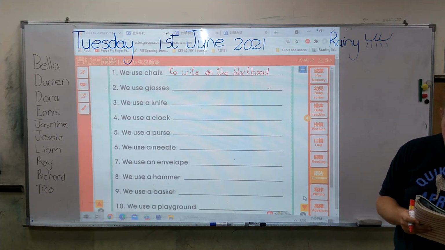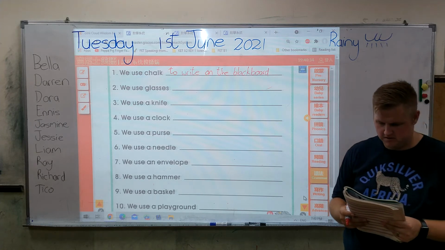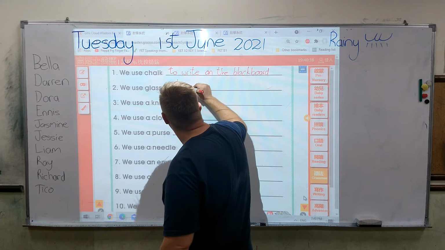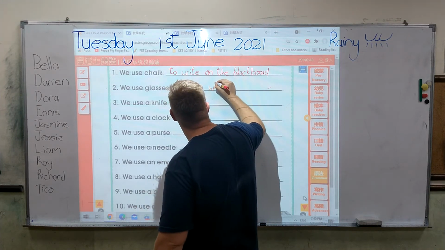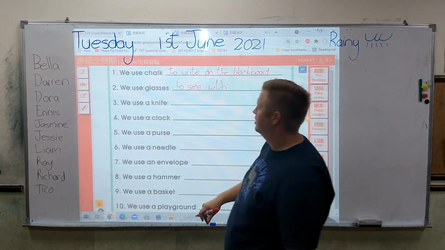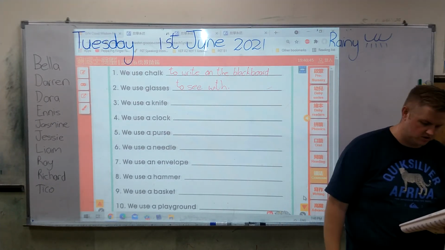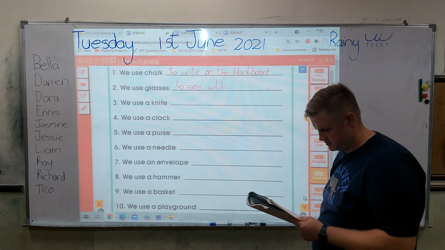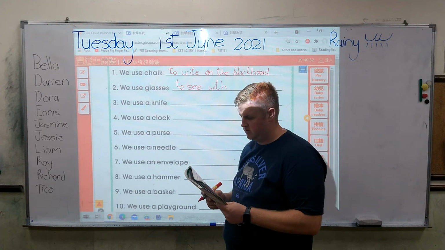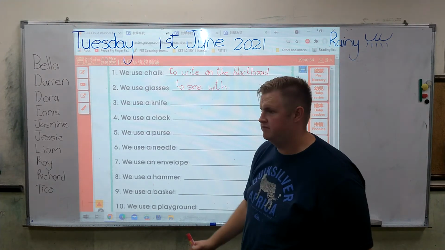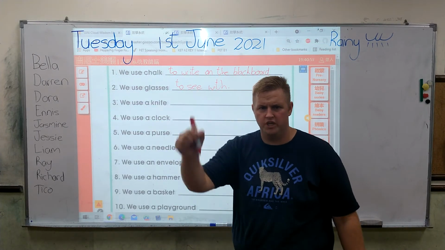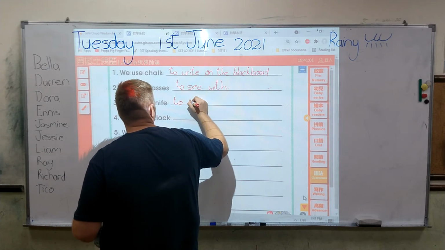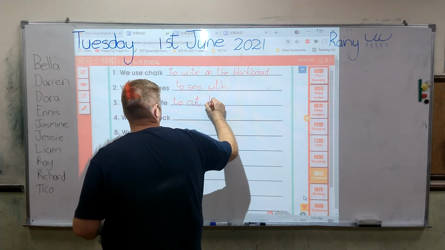What do we use glasses for? We use glasses to see with. We use glasses to see with. We use a knife. What do we do with a knife? We cut. To cut things.